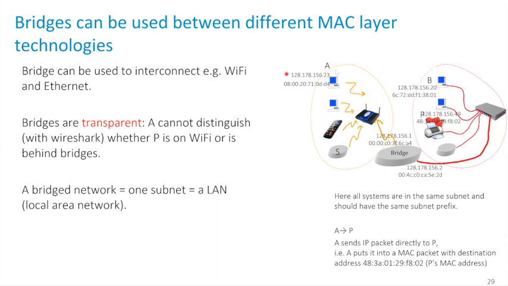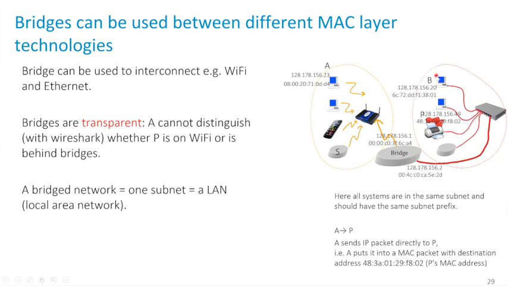So when B sends a packet to A, there's no difference for B whether A is on the same Ethernet switch or not, if it's connected via a bridge. There's no difference. B sends a packet to the MAC address of A, because there are two bridges here, the Ethernet concentrator and this one.